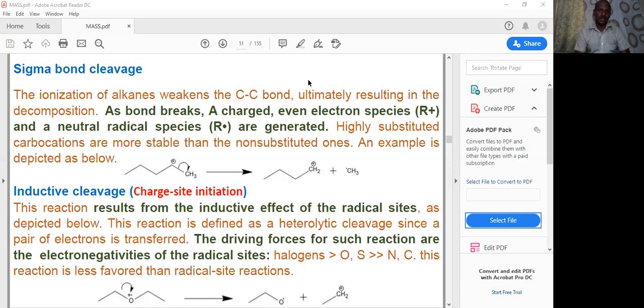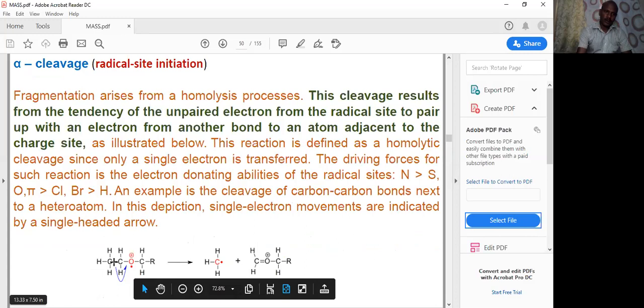Both electrons move to the uncharged site. In the previous reaction, you can see that an electron moved from this carbon to the oxygen and we got a radical.